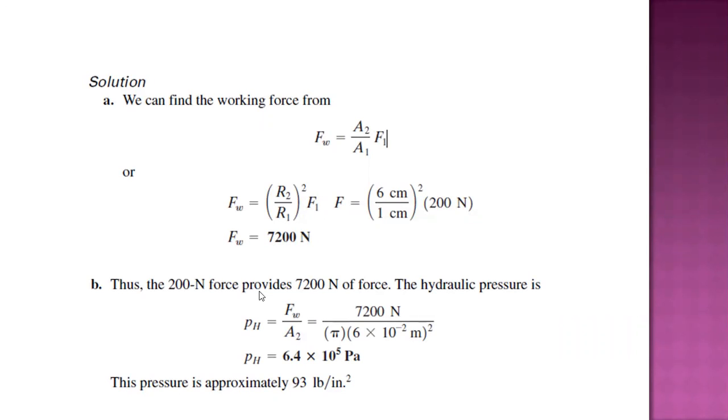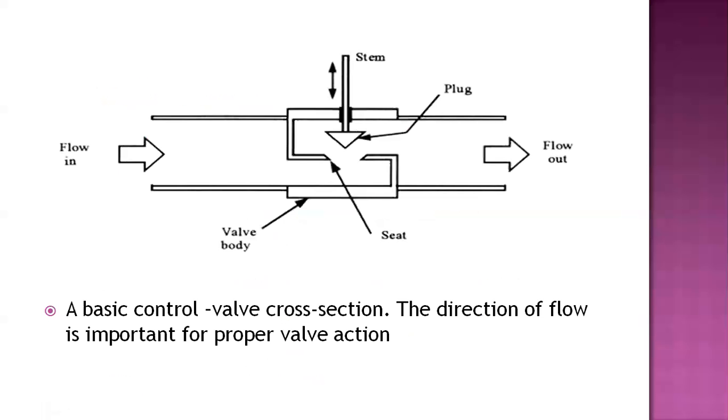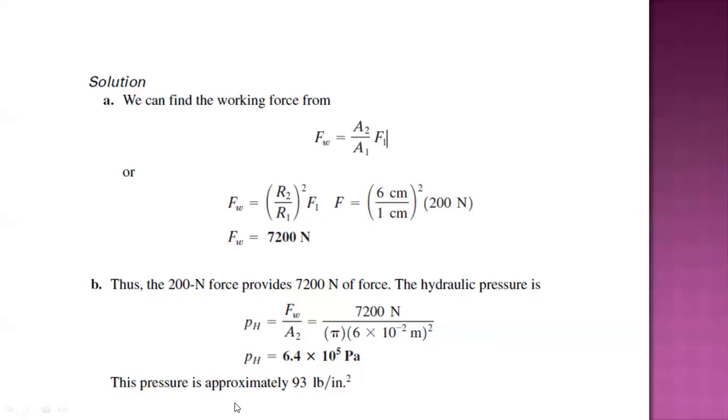Thus, the 200 Newton force provides 7,200 Newton of force, a conversion of force. And the hydraulic pressure is given by pH equals Fw divided by A2. Fw we have as 7,200 Newton divided by pi times (6 times 10 raised to minus 2 meter) squared. So here you will get this pressure, which is approximately 93.